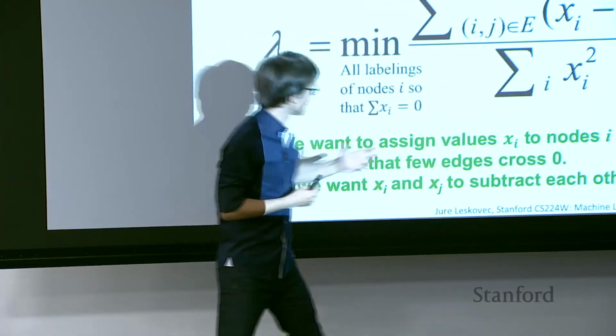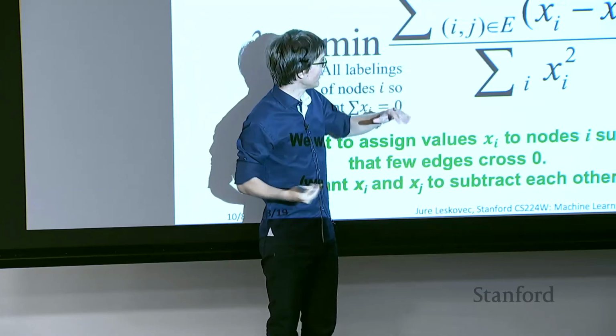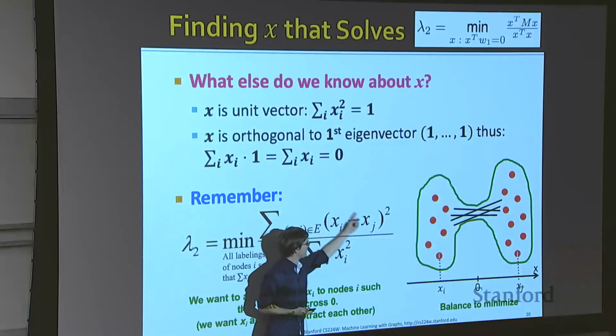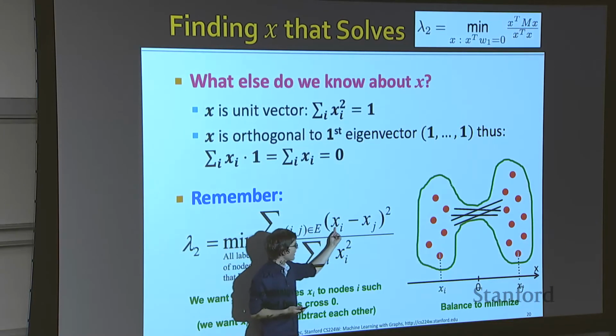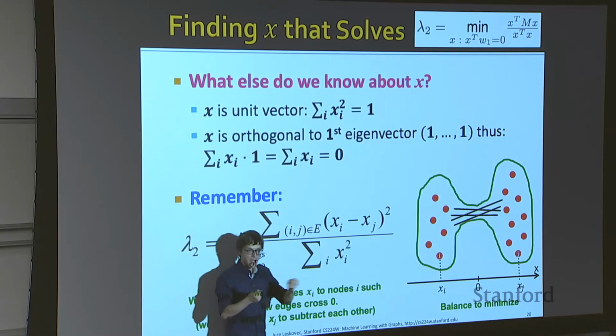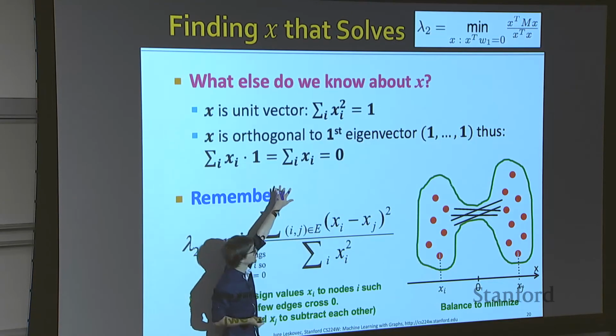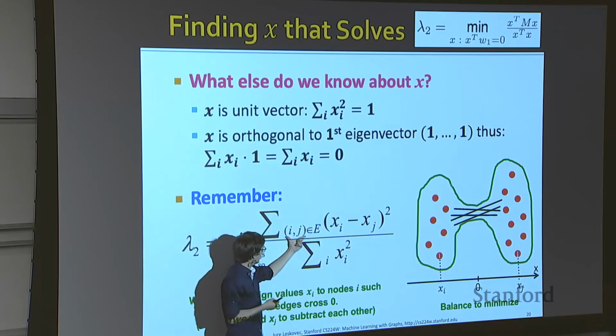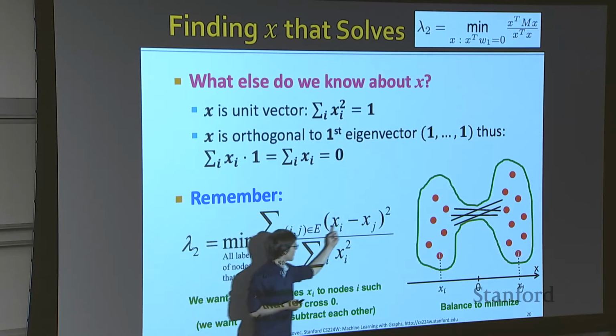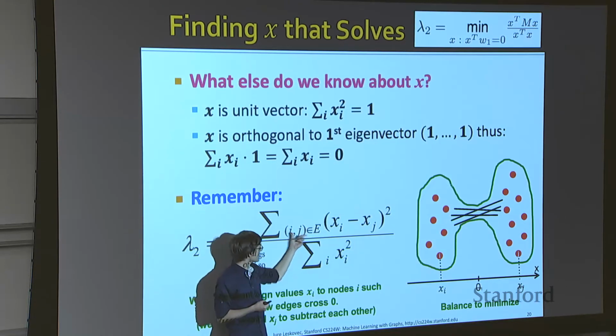Yeah? So what you should see, and let me know if you don't, is that this optimization is essentially saying, I will assign a value to every node. I have to assign values to the nodes such that the sum of all values is 0. And I'm computing these differences across all the edges.